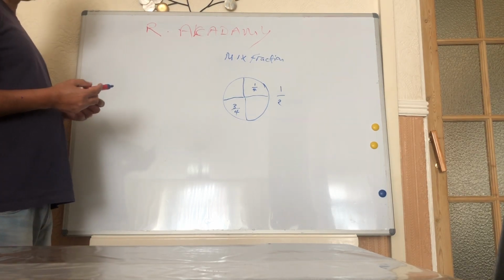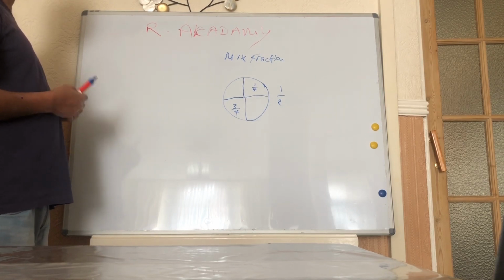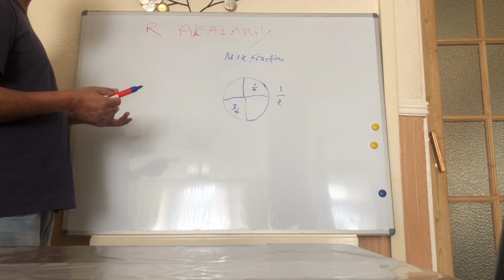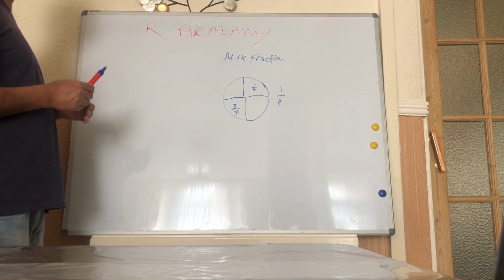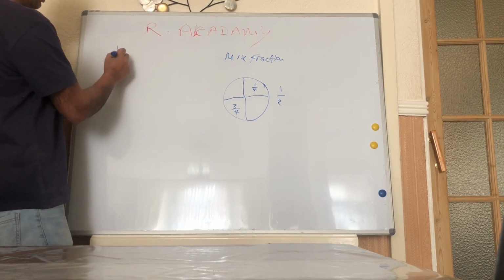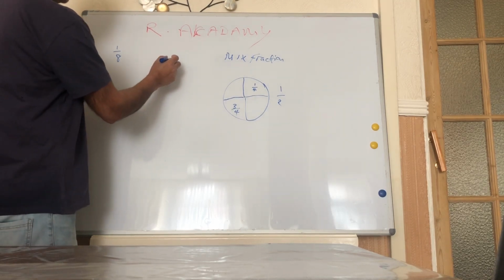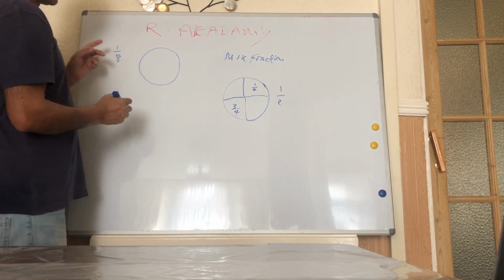You'll come across quite a few ways of explaining and doing fractions, but how I always try to explain to the kids is by using food, like a pizza. So say for argument's sake, if you wanted to establish what 1/8 would be, you would look at a pie or a pizza, a circle, and split that into 8.